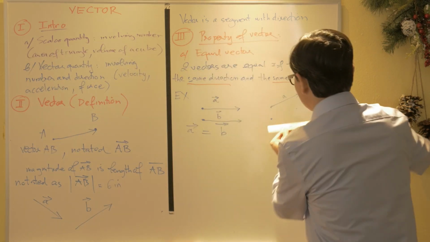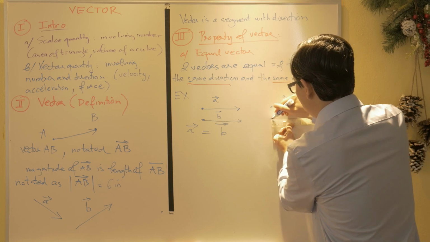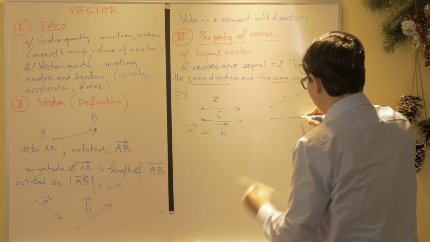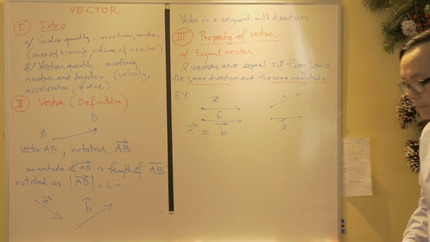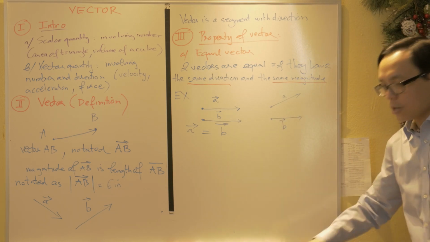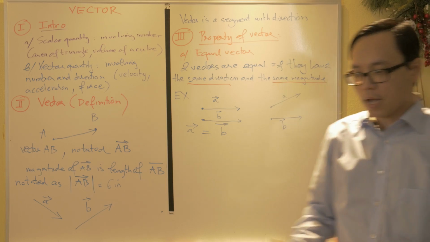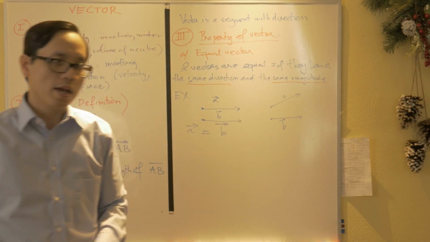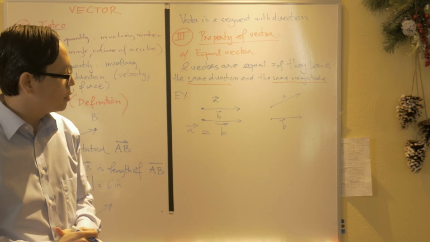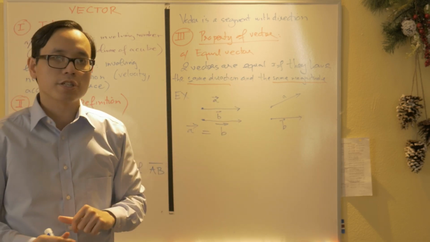I call this vector B. So the magnitude is the same because I measured both vectors, 4.5 inches. However, the direction is not the same.